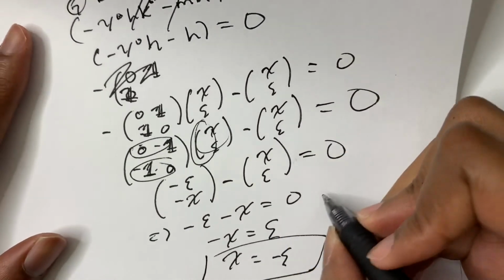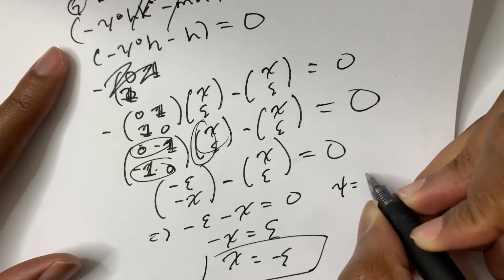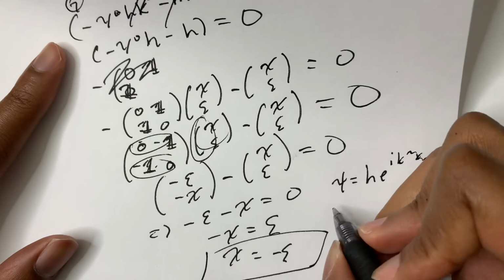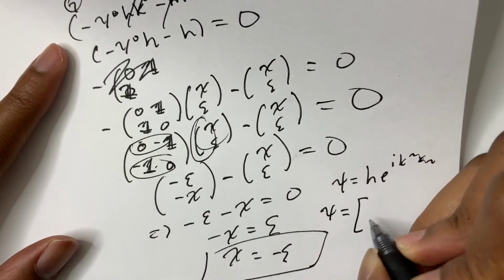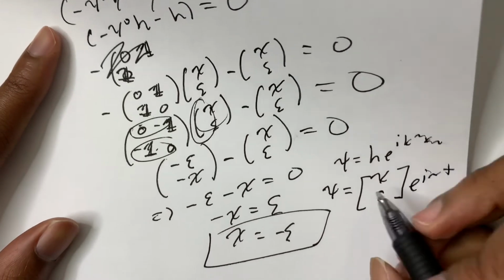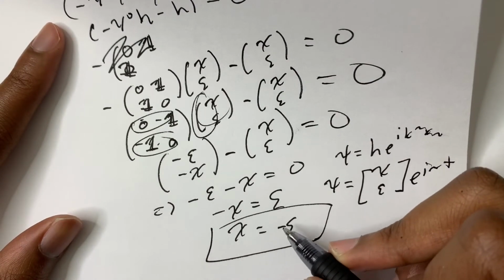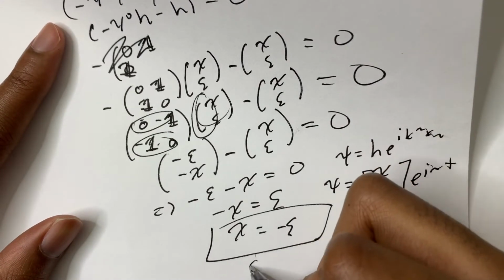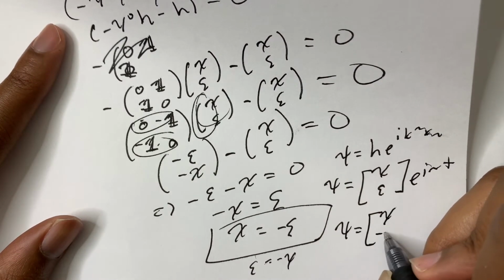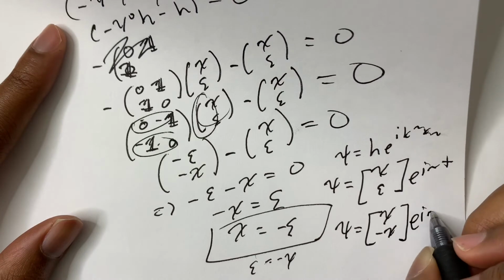So our ansatz originally was h e to the i k_mu x^mu. We found that psi is just, again, (chi, epsilon) e to the imt. Epsilon is minus chi, so that psi is (chi, minus chi) e to the imt.